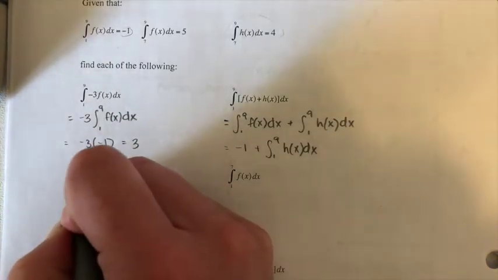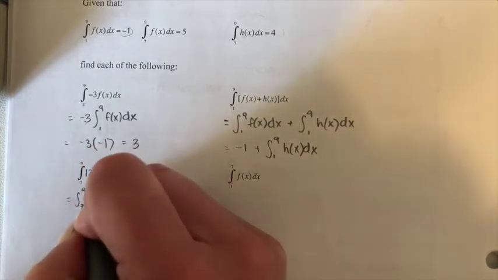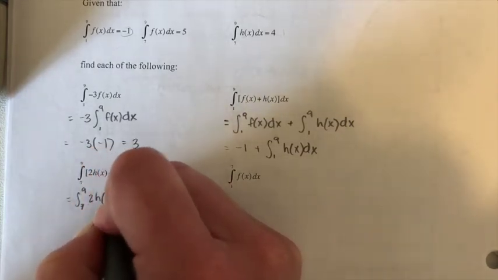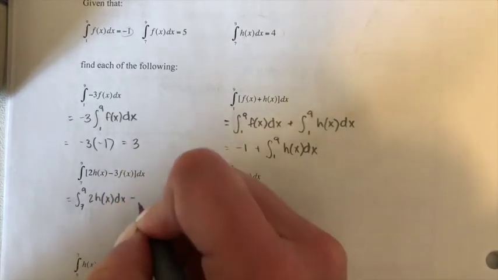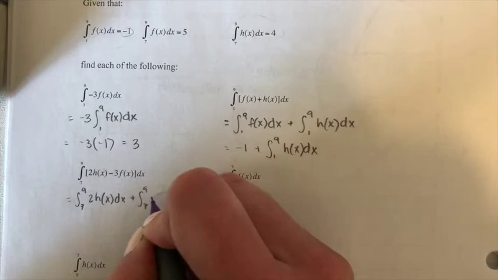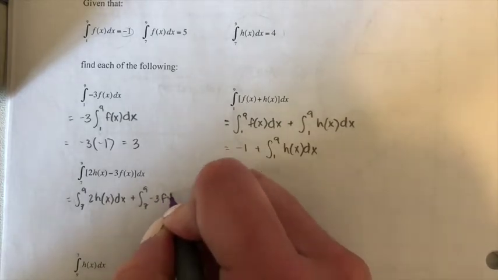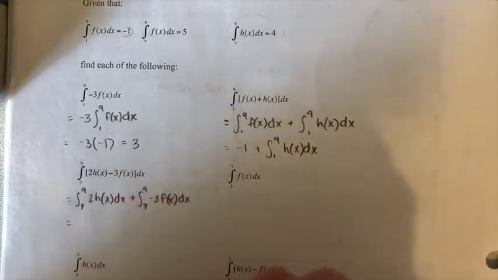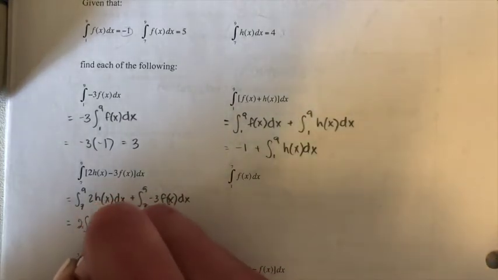So again, we're going to split it. From 7 to 9, 2h of x dx plus, from 7 to 9, -3f of x dx. So now we can pull the 2 out.